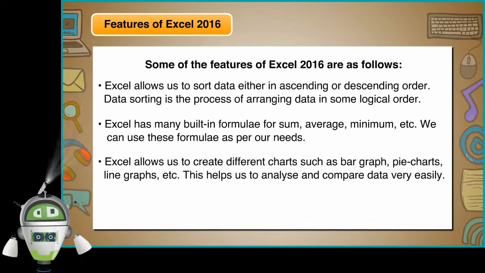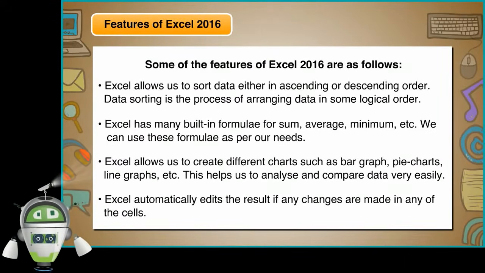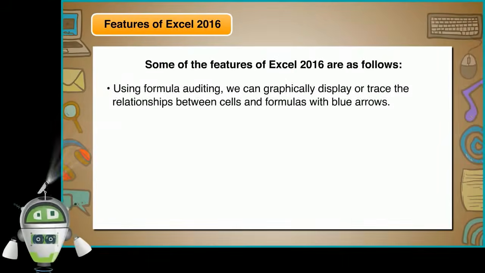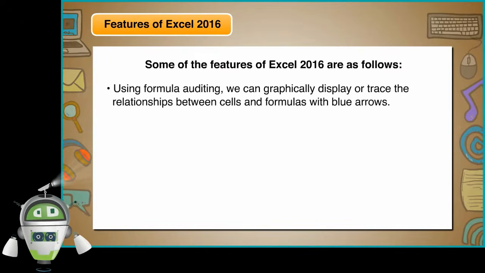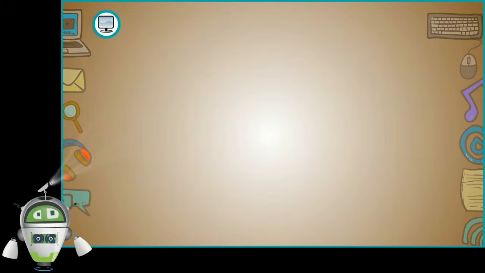Excel allows us to create different charts such as bar graphs, pie charts, line graphs, etc. This helps us to analyze and compare data very easily. Excel automatically edits the result if any changes are made in any of the cells. Using formula auditing, we can graphically display or trace the relationships between cells and formulas with blue arrows.